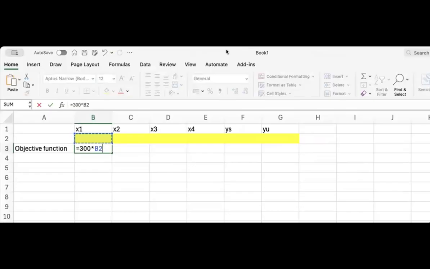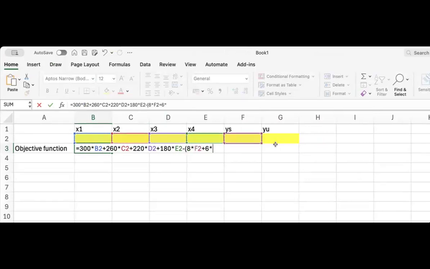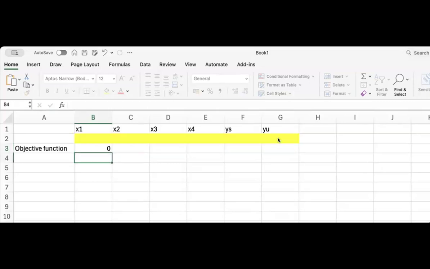So it is 300 times B2 and 260 times this plus 20 plus this plus 180 times x4, okay? And subtract 8 ys plus 6 yu. Okay?